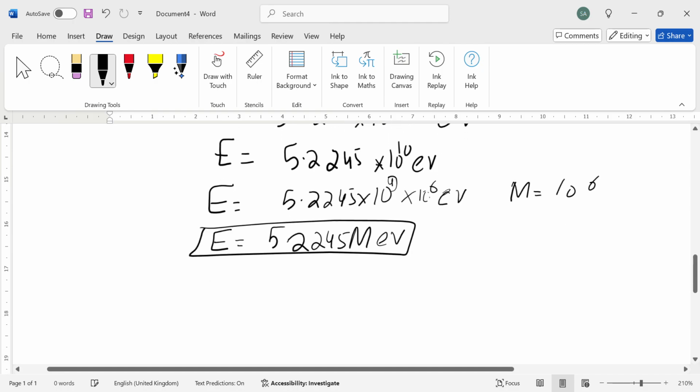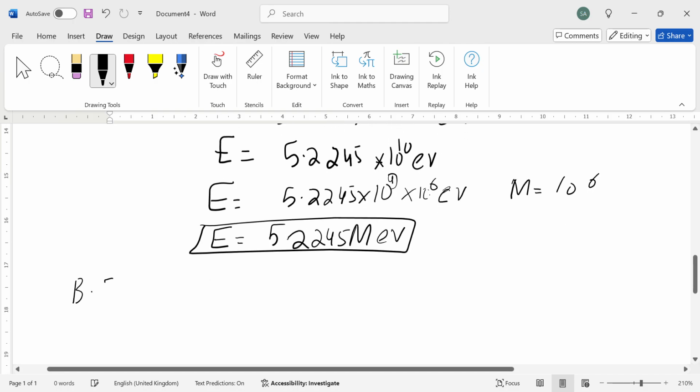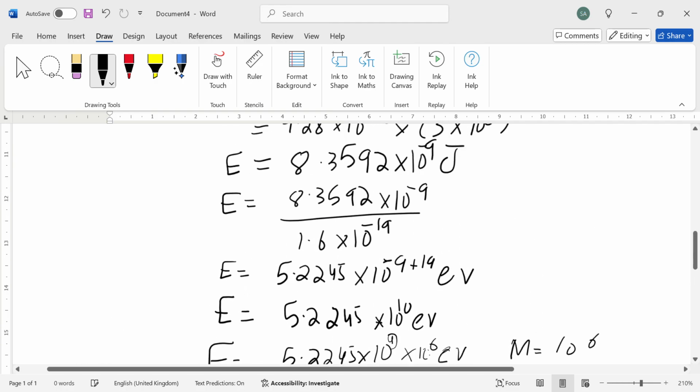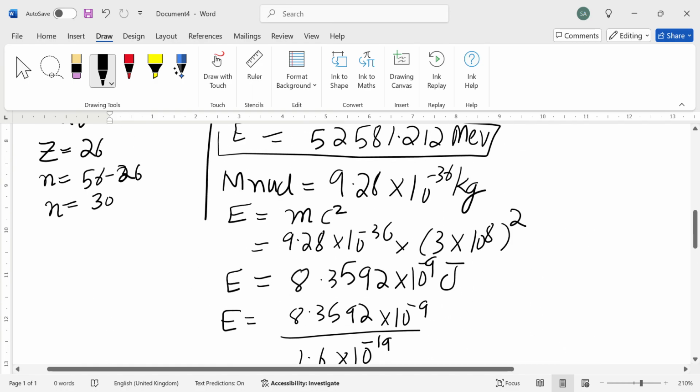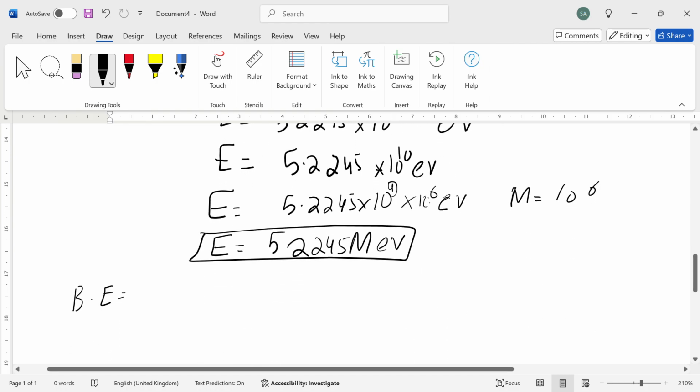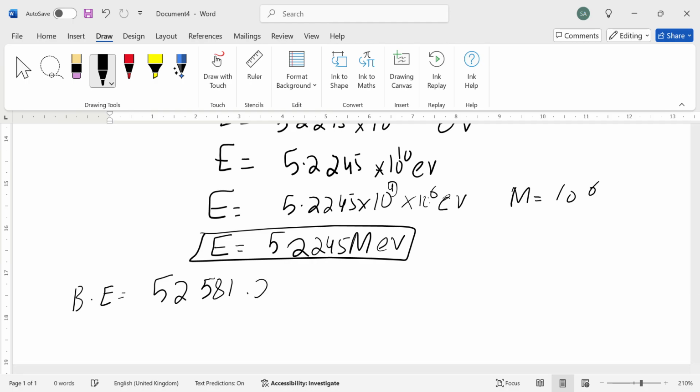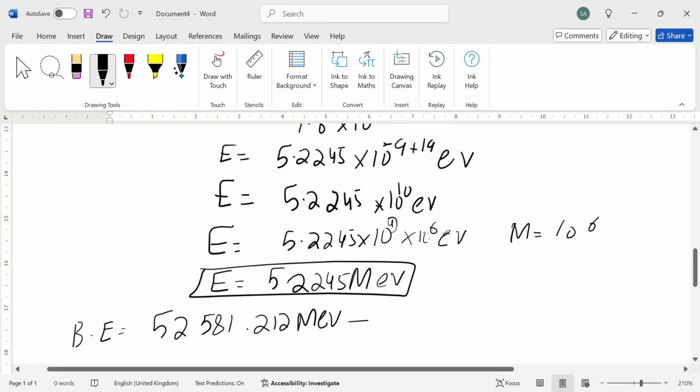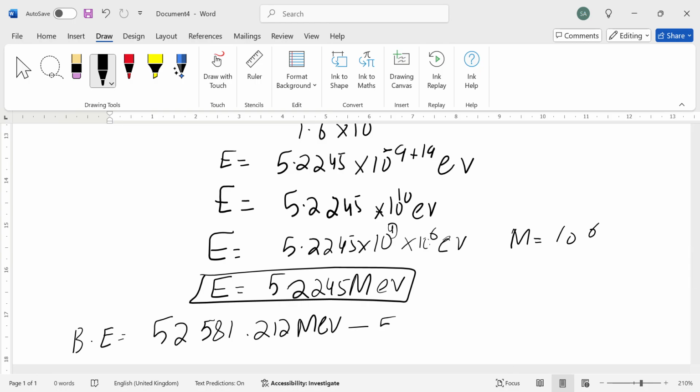Now for calculating the binding energy, it is the energy for protons and neutrons, that is 52581.212 mega electron volts, negative the energy of the nucleus, that is 52245 mega electron volts.